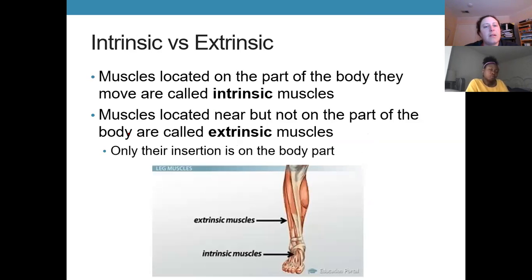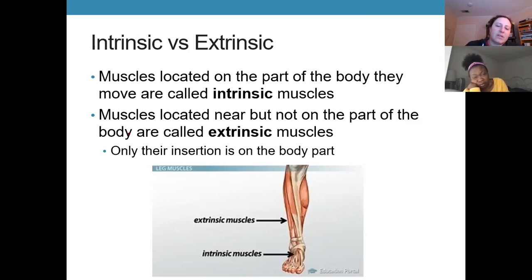The other thing we talk about here is this kind of brief concept of intrinsic versus extrinsic muscles. So intrinsic muscles are ones where the whole muscle is located on the body part that it moves. Extrinsic muscles attach to the body part that they move, but their other attachment and the muscle belly are located elsewhere.